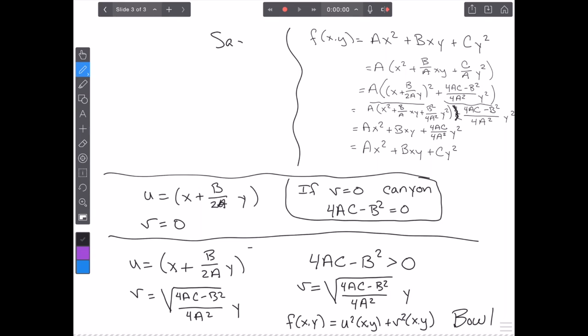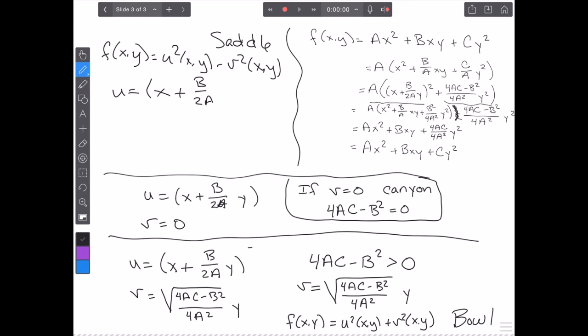So the saddle-like function, I know that my function will be of the form f of xy is equal to u squared of xy minus v squared of xy. And in this case, u again will be equal to x plus b over 2a times y.